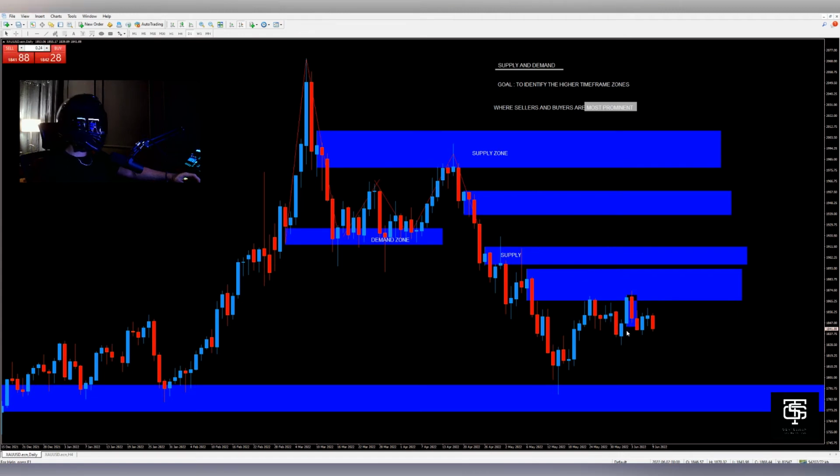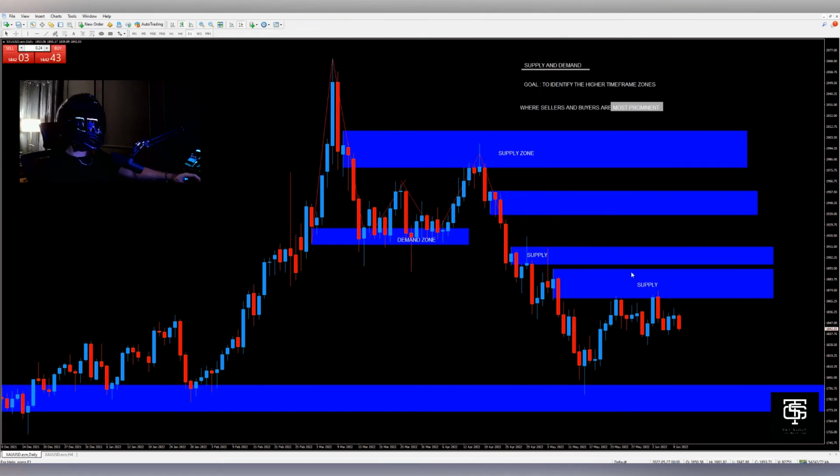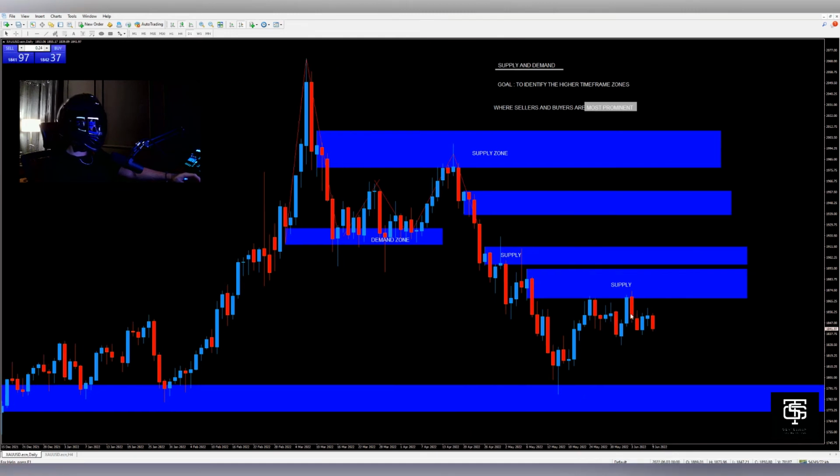But this time it creates an engulfing sell, which means that we have a new supply zone over here. Are you guys clearer regarding supply zones? Because we have had 1, 2, 3, and now I want to show you what a demand zone is.